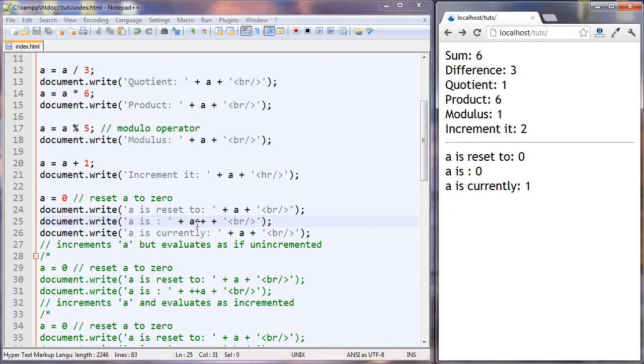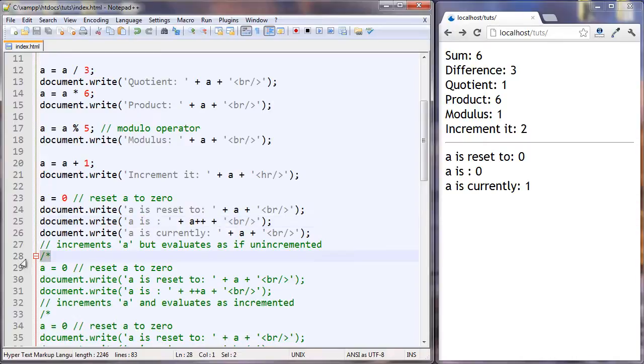It's because when we put this plus plus after the A, it's going to increment A, but itself is going to evaluate as if it were not incremented. Okay, so that's what happens when we put these two plus plus after. It's going to increment A like it's supposed to by 1, but if we evaluate it, like here we're trying to output it, it's going to output it as if it wasn't incremented.